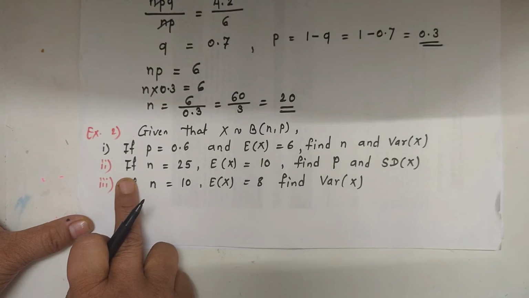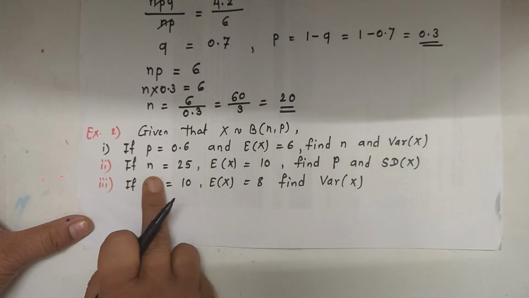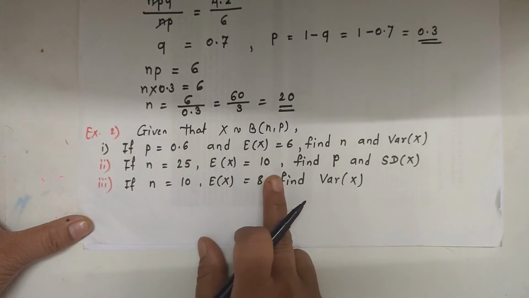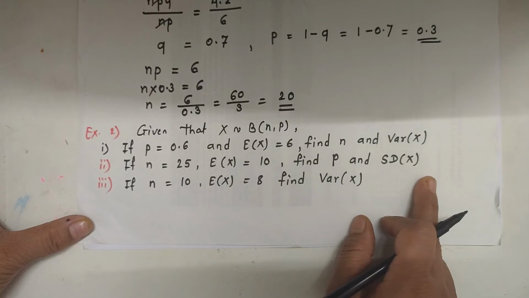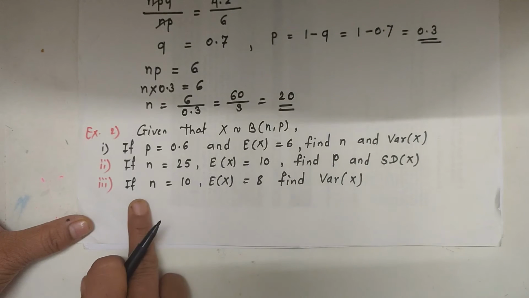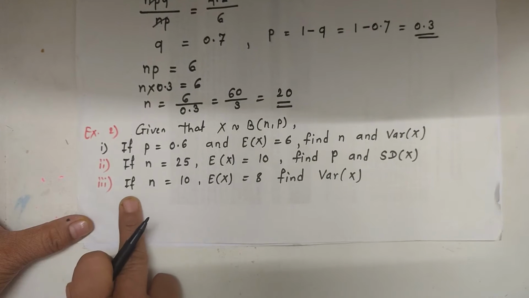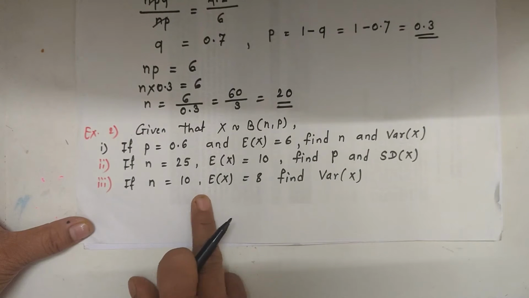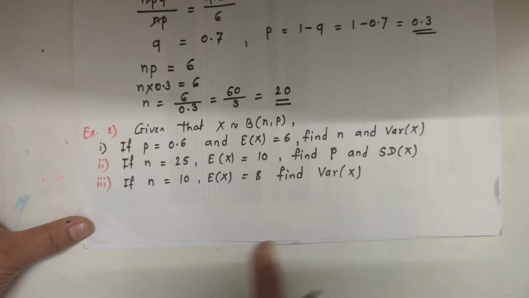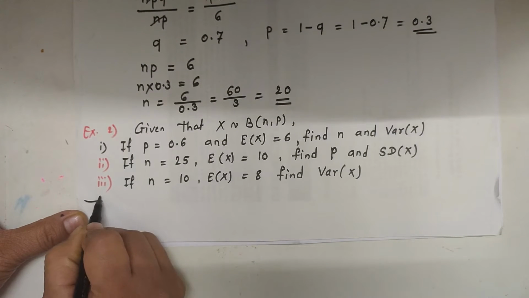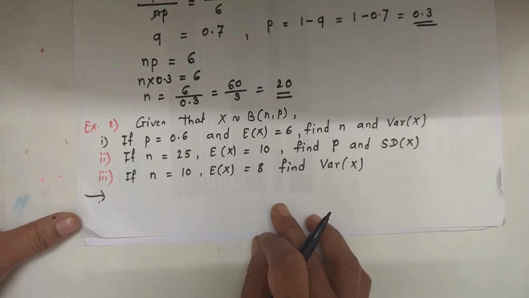And the second, if n is equal to 25 and E of x is equal to 10, find p and standard deviation of x. And the third, if n is equal to 10 and E of x is equal to 8, find variance of x. So let us solve one by one.